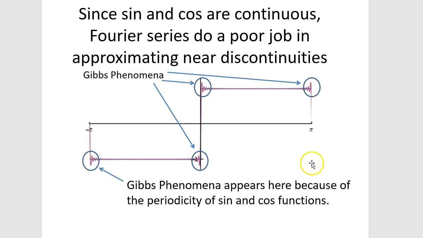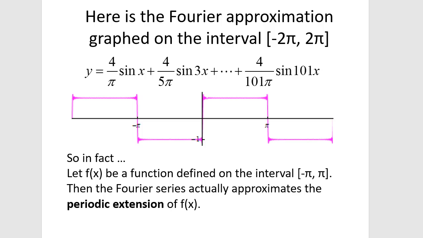So in both cases you have Gibbs phenomenon. An important thing to know is that if a function is defined over the interval negative pi to pi and you're trying to approximate it by a Fourier series, it's really approximating the function by a periodic extension of f of x.